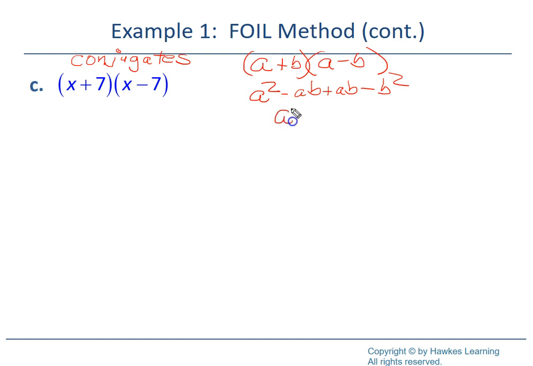And you're left with A squared minus B squared. Now, this has a special name as well. This is called the difference, because of the negative sign between them, of perfect squares. The difference of perfect squares always will factor into their conjugates. So, some things to look at, and as we do these, to study.